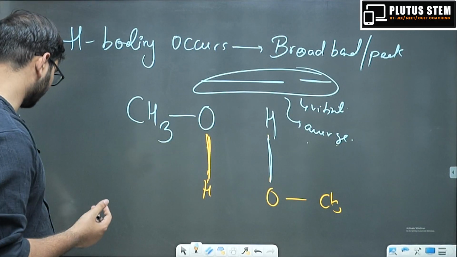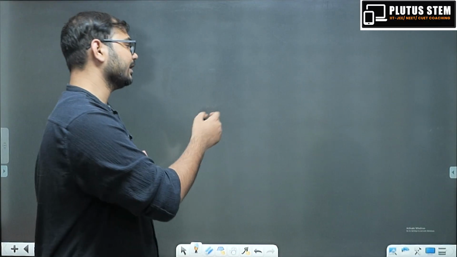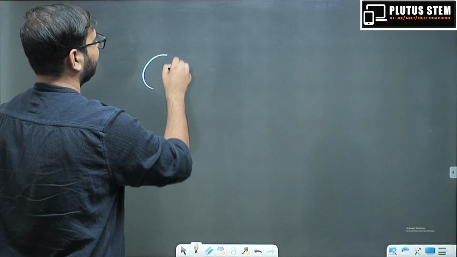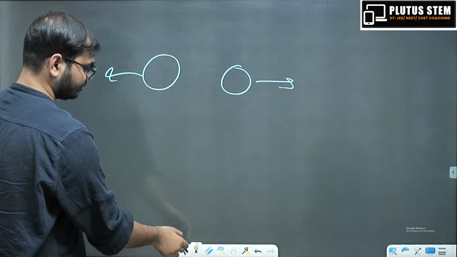Next, proving the dependence on temperature. Increasing the temperature raises the kinetic energy of the molecules, which means every alcohol molecule will try to move away from one another.